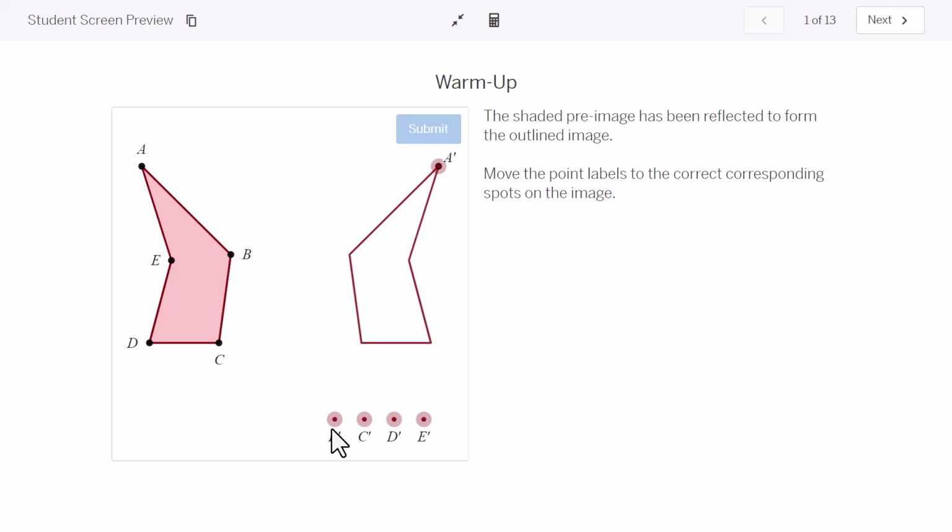Let's go ahead and move these other coordinates. B prime would correspond to B in the pre-image. C prime corresponds to C in the pre-image. D prime in the image corresponds to D in the pre-image, and E prime in the image corresponds to E in the pre-image.